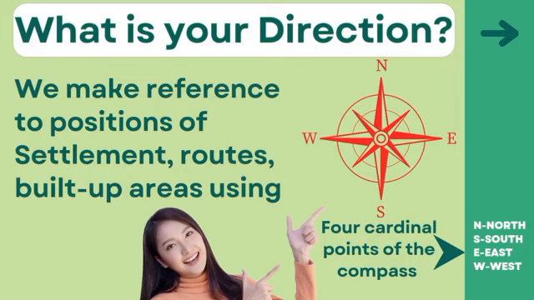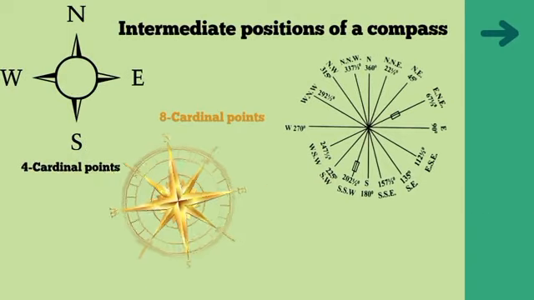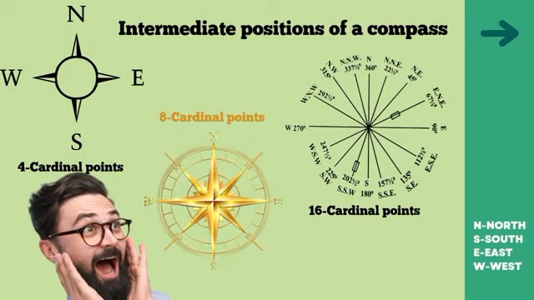Making reference to positions on a map, positions like settlements and routes, we need a compass to make reference to that. And in our compass, we have different forms of positions. We have the north, south, east, west, which are the 4 cardinal points. We have the 8 cardinal points, which also include northeast, northwest, southeast, southwest.